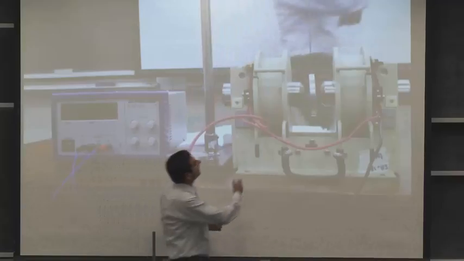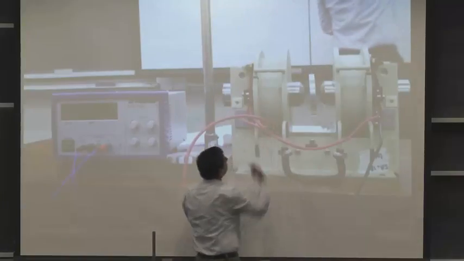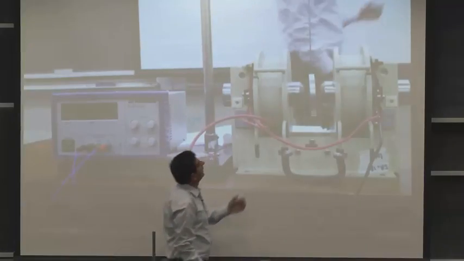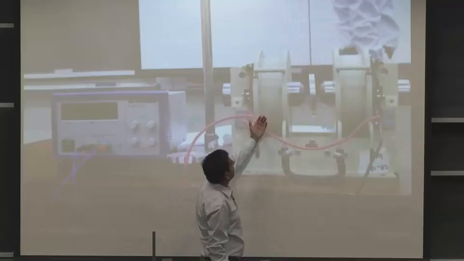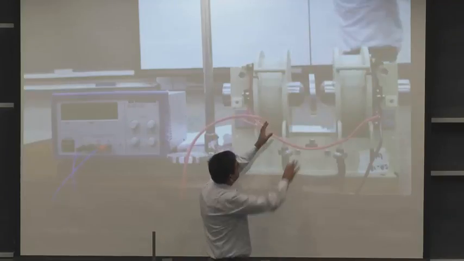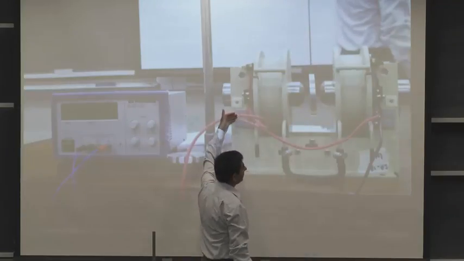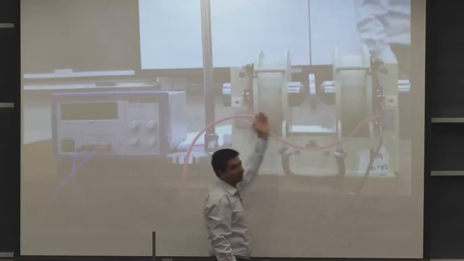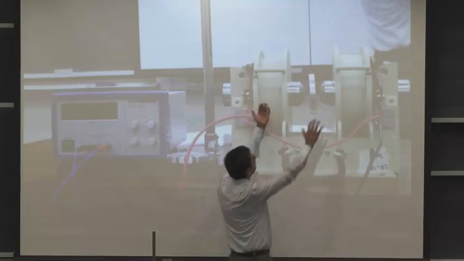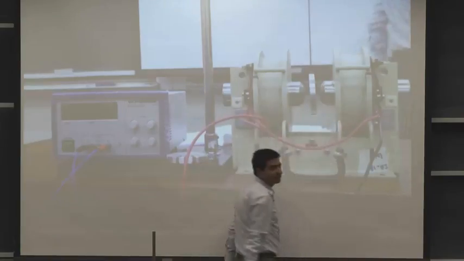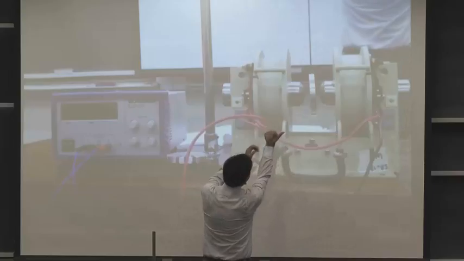When a current passes through these coils, a flux is produced, and the coils are wound in a direction such that the flux goes from left to right or from right to left. Suppose the coil is wound like this.